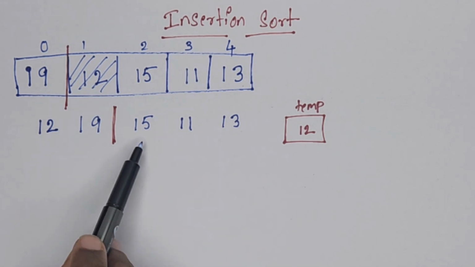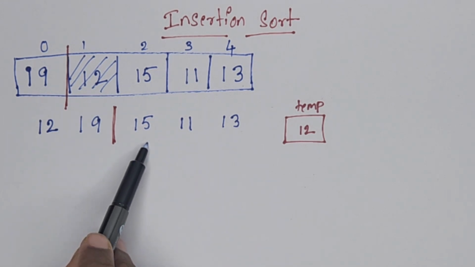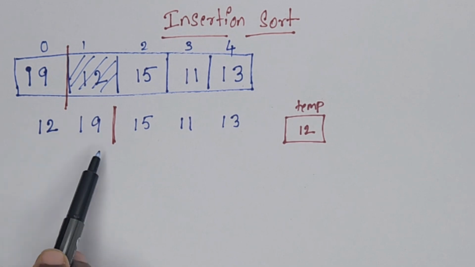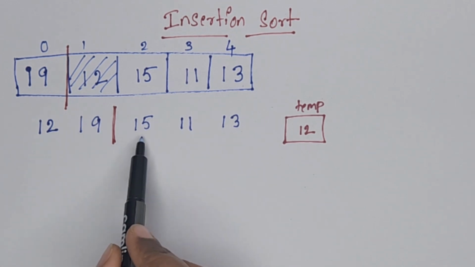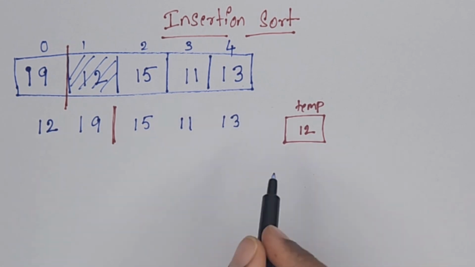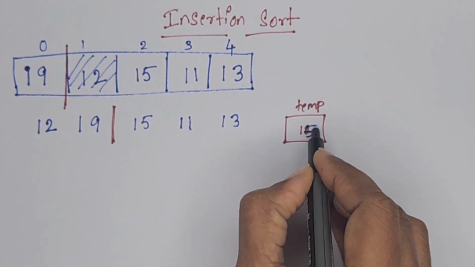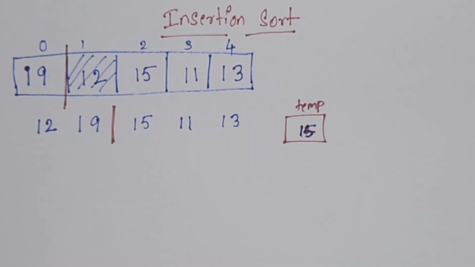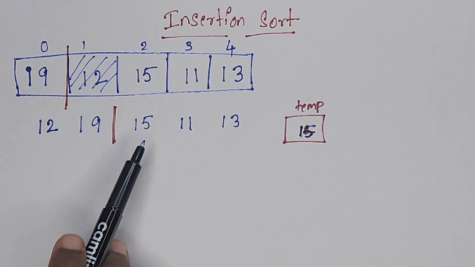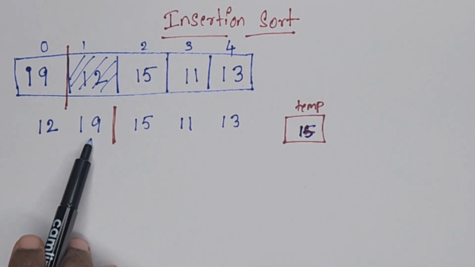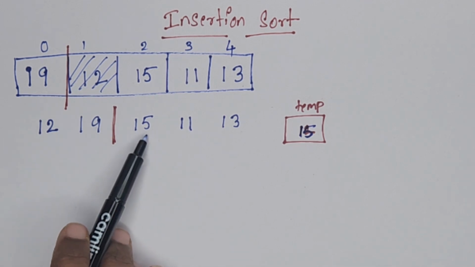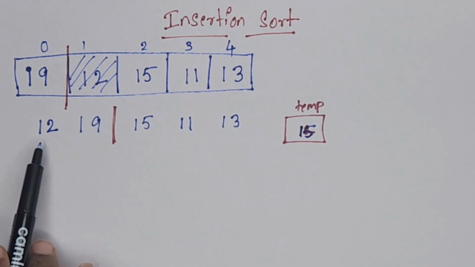Now we have to take one element from the unsorted array and insert it into the sorted subarray. From the unsorted subarray, what is the first element? 15. So we take 15 and assign it to temp. Now the temp value is 15. Now 15 is compared with 19 and 12, the elements in the sorted array.